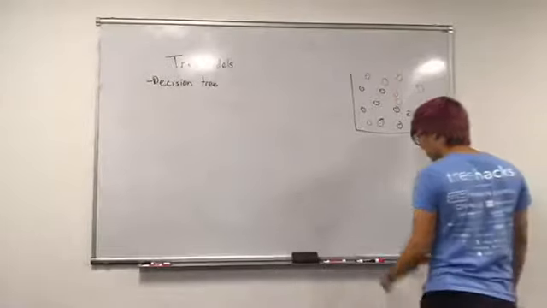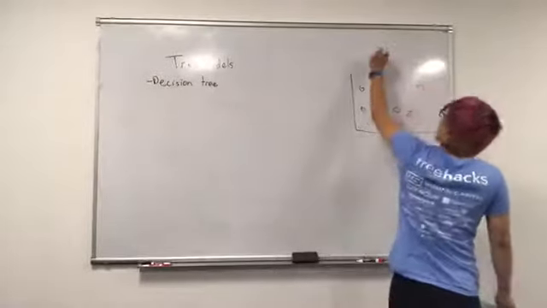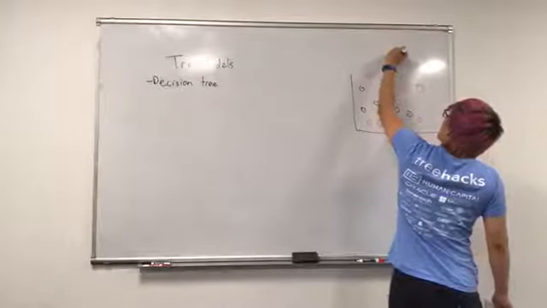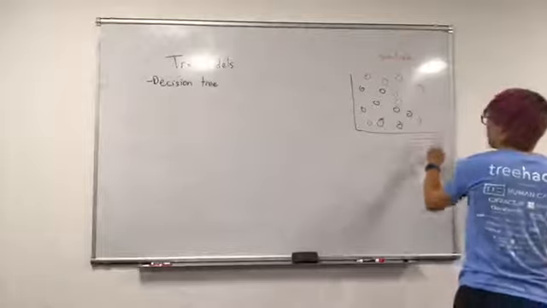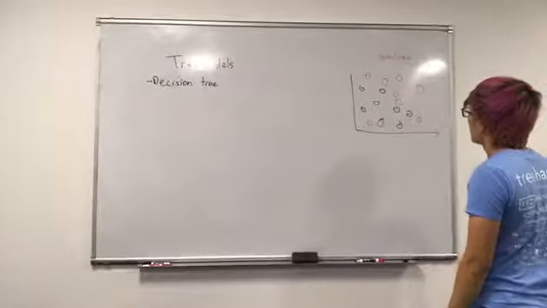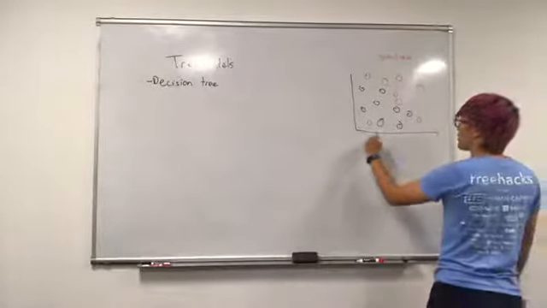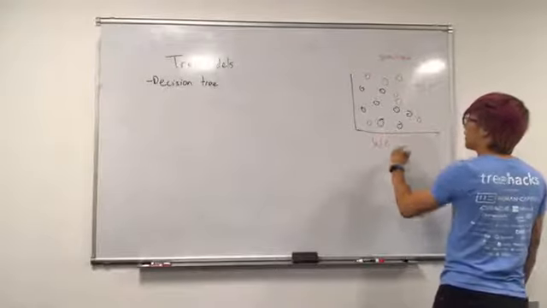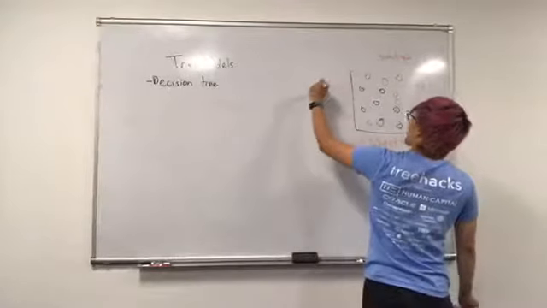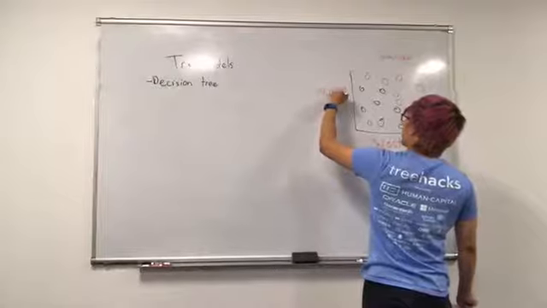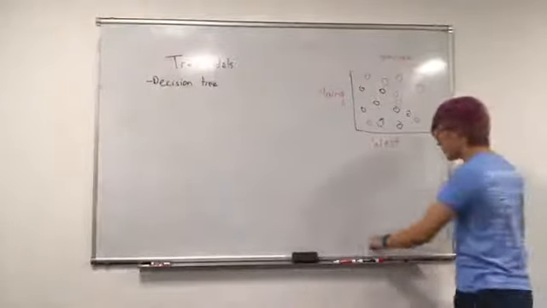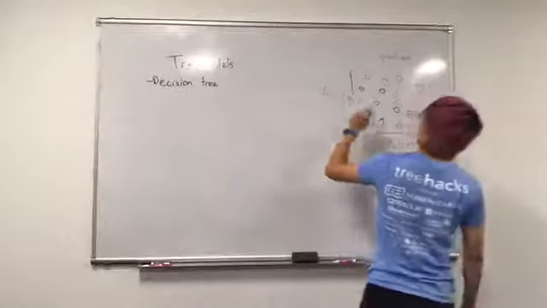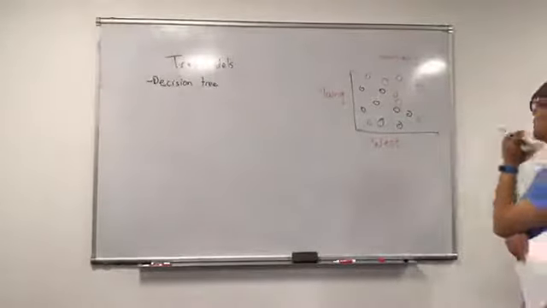So let's say red is snowboard. And on this axis you could have how west they are. And this axis you could have how young they are. Alright? Simple model. Okay, so we could have a decision tree basically being like, hey, let's make two very basic boundaries.